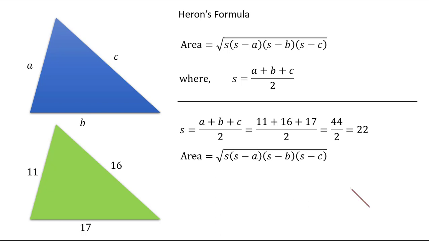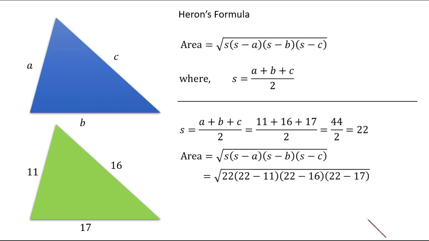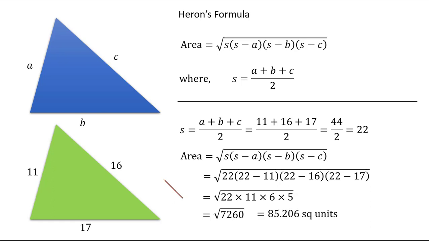If we substitute in the area formula, it is 22 into (22 minus 11) into (22 minus 16) into (22 minus 17), which turns out to be the square root of 7260. Of course, we can do it by the division method or simply using a calculator, and it would be approximately equal to 85.206 square units. So you'll be asking me, why am I showing all these things?